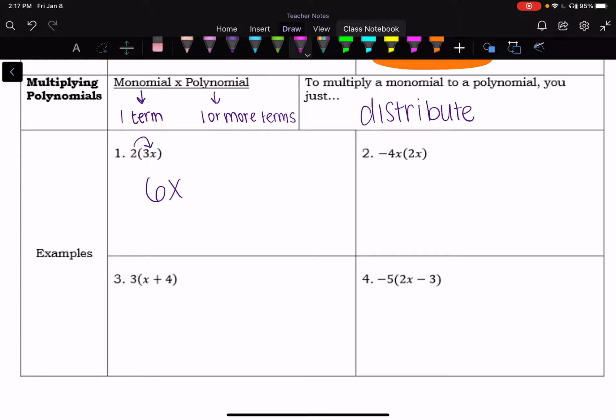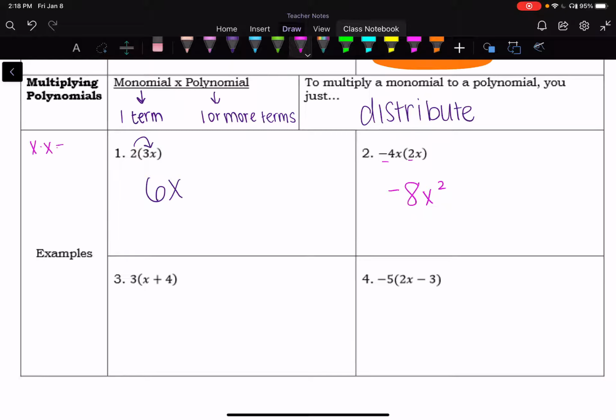Number 2, I'm going to multiply negative 4x to 2x. So first we'll multiply the coefficients together to get negative 8, and then multiply the variables together. X times x is x squared. So over here on the side, I'm just going to write a little reminder for you.